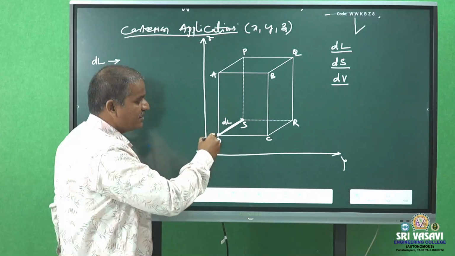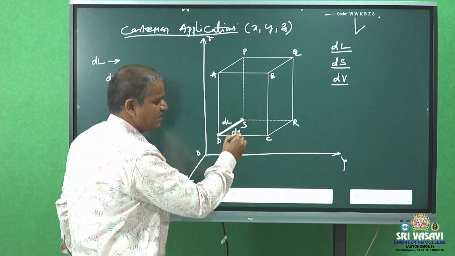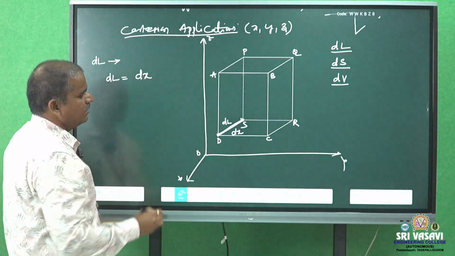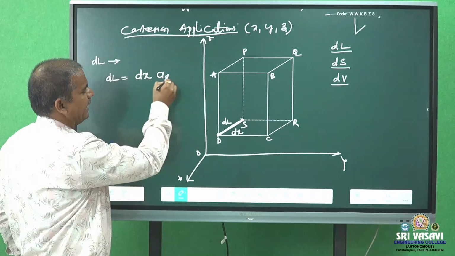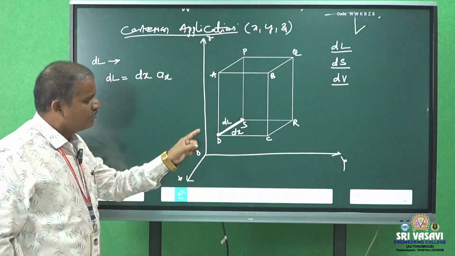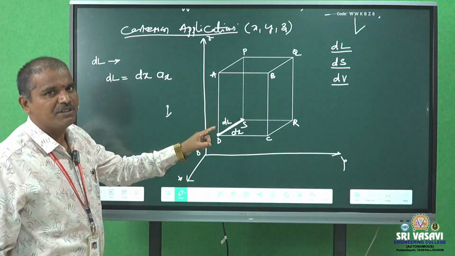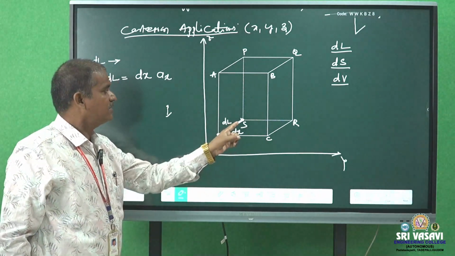But in which direction? X direction. Therefore this is called dx, in the X direction. Therefore DL is equal to dx into, we mention the direction. Direction means the unit vector comes into the picture, AX. So we want to move from D to S, a small length comes into the picture, called differential length, along the X direction: dx into AX.